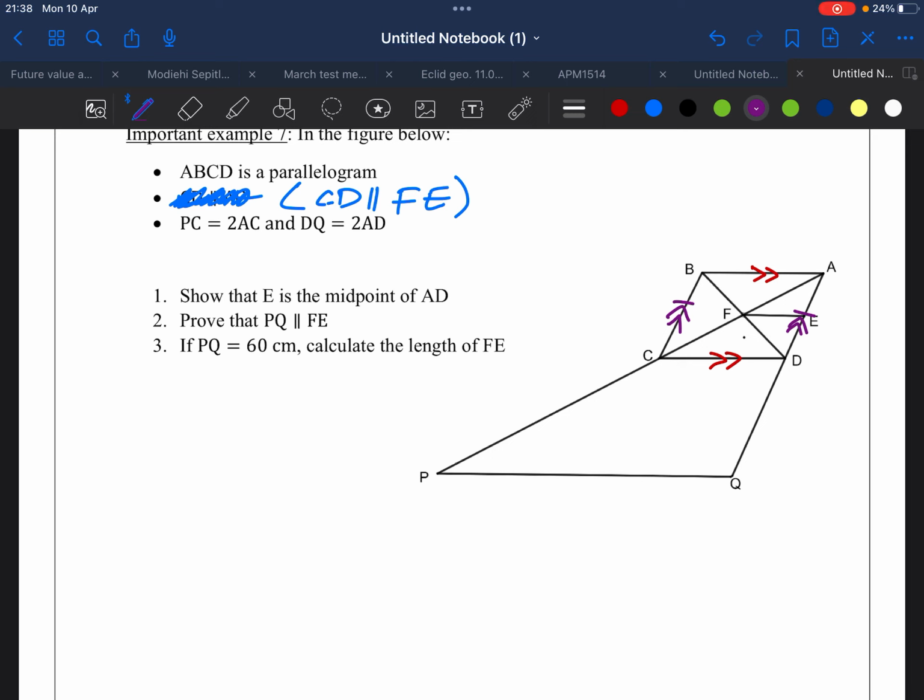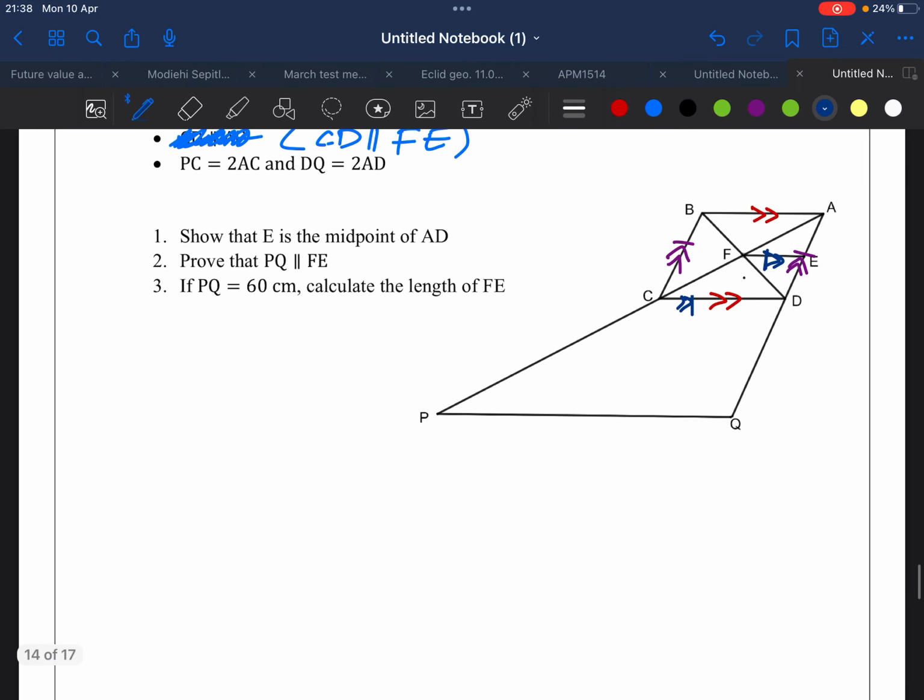We also know that FE is parallel to CD there. That's what we know.